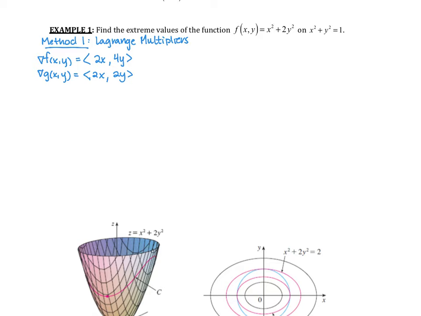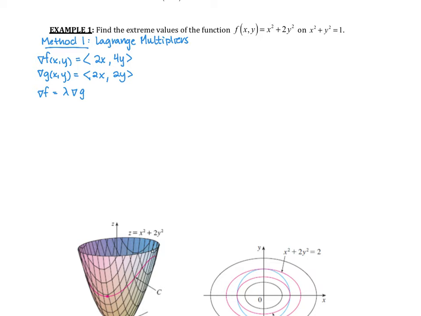All right, now because these are parallel vectors, we know that the gradient of f needs to equal lambda times the gradient of g. So to set this up, we're going to set it up based on the components, the partial with respect to x and the partial with respect to y.